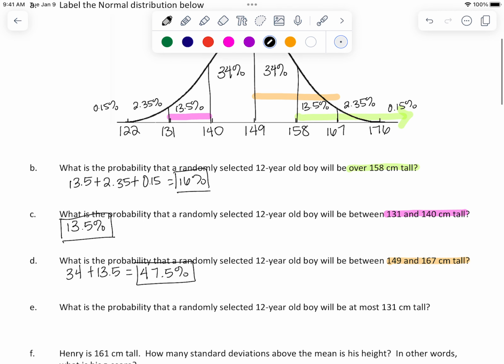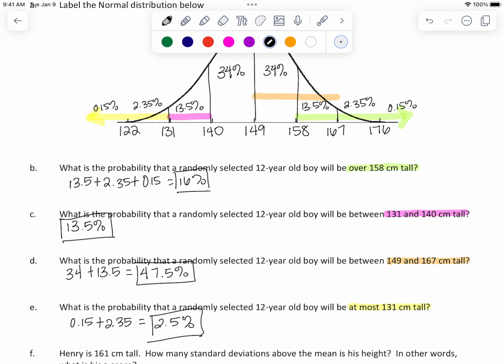What's the probability a randomly selected 12-year-old boy will be at most 131 centimeters tall? So at most 131, that means 131 and below. So we can add together 0.15 plus 2.35, which gives us 2.5%.